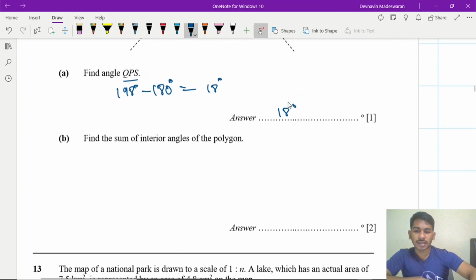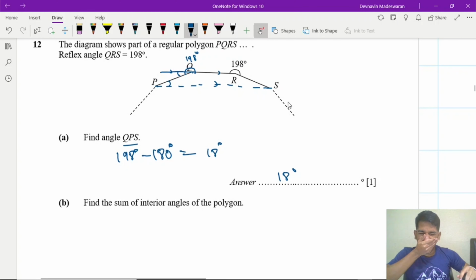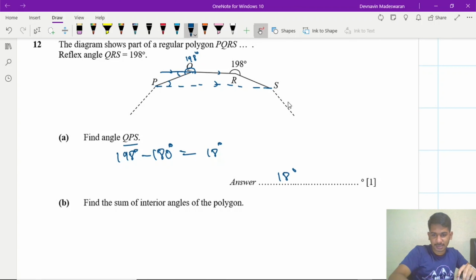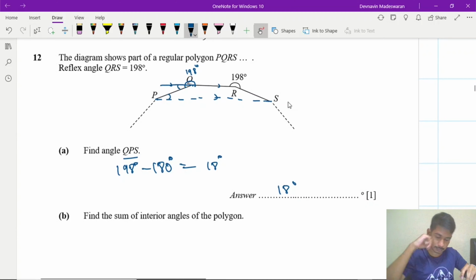Find the sum of interior angles of the polygon. Okay, find the sum of interior angles. If we can find the value of one interior angle, we should be able to find how many sides there are, right?